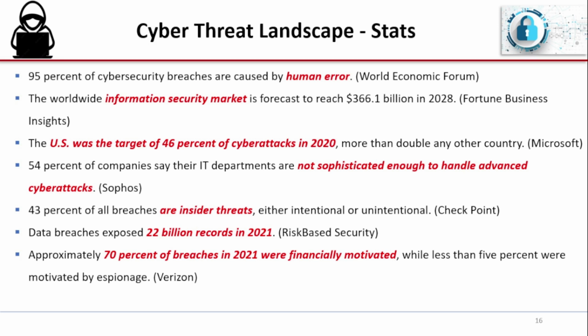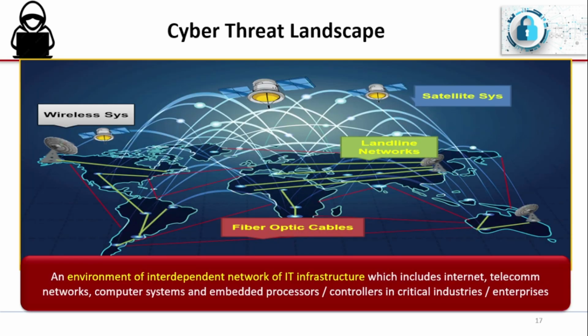Second, the worldwide information security market is forecast to reach 366.1 billion in 2028. Then the US was the target of 46% of the cyber attacks. There are so many facts stated here. You may read it. So let's move ahead.